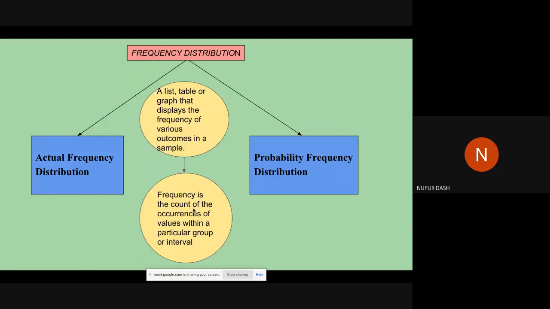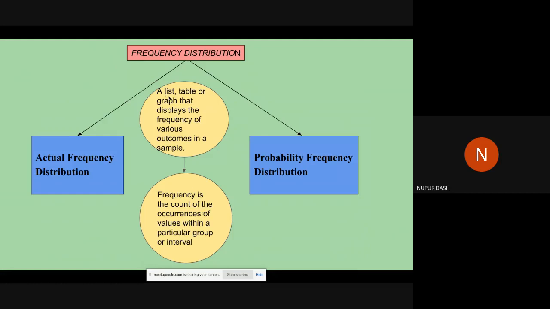So frequency is the count of occurrence, how many times the thing is occurring, of values within a particular group or interval. For example, if I ask you how frequently you drink water in a whole day, the number you tell me is the frequency of how frequently you drink water in a day. So I think you have understood what we mean by a frequency.